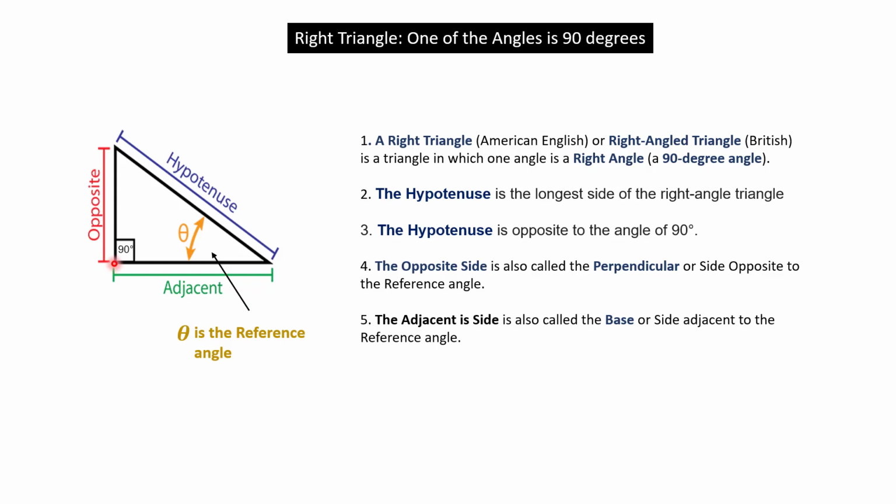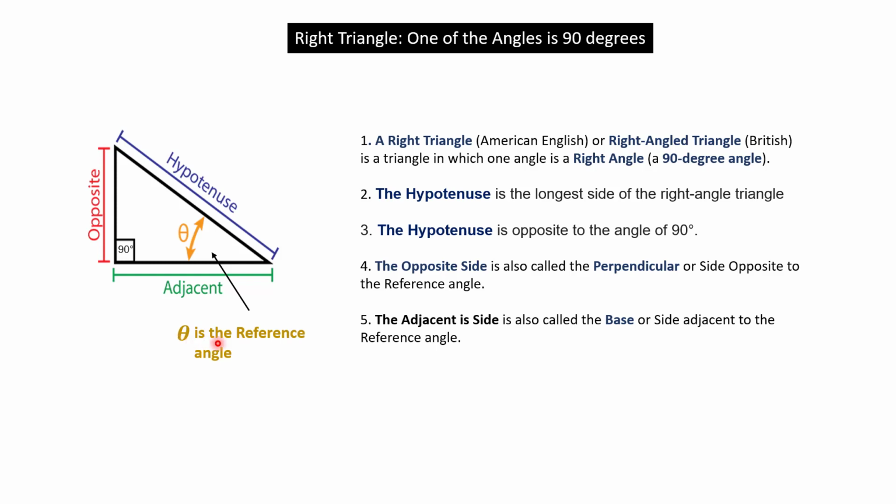Next, the opposite side is also called the perpendicular. What is this perpendicular? This is called the perpendicular or the opposite side, and it is opposite to the reference angle. What do I mean by reference angle? Here theta is the reference angle. In British English we pronounce it differently from American English.